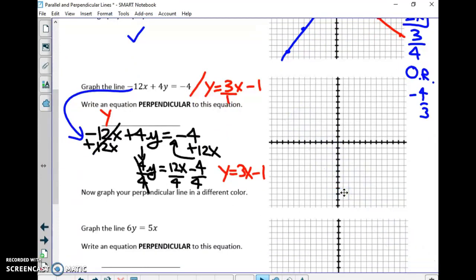Okay? So, let's go ahead and graph that original line. 3x minus 1. Do I graph my m or b first? B, right? What's the b? Minus 1. So let's put a point on the y-axis at -1, right there.